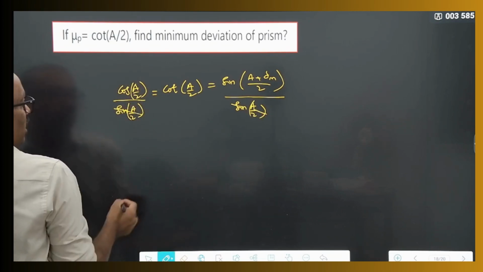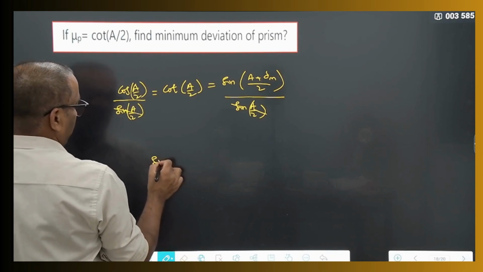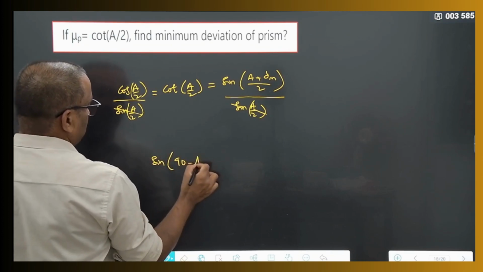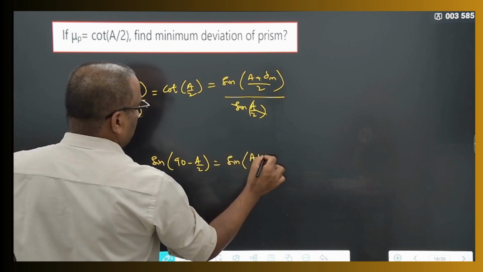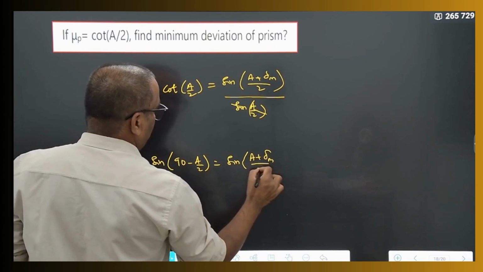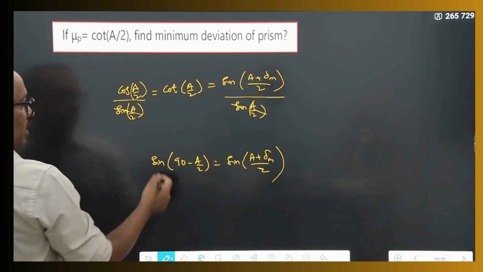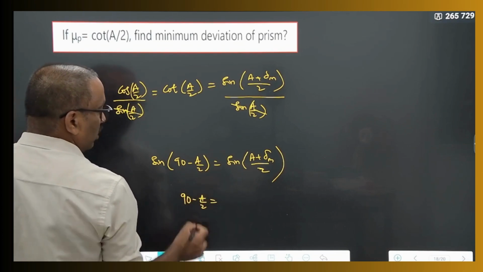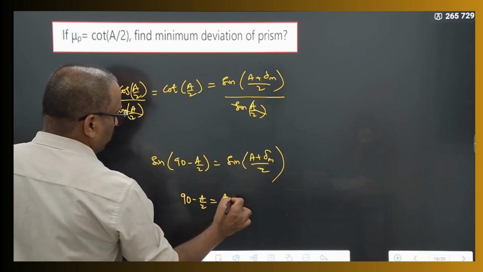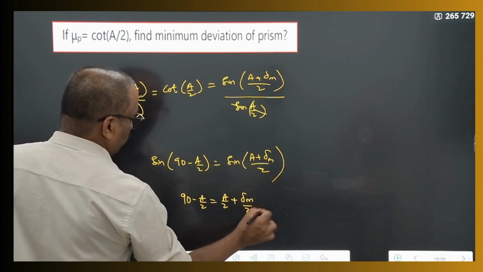So, this cos can be written as sine of 90 minus A by 2 equals sine of A plus delta m by 2. Clear? Therefore, you can rewrite it as 90 minus A by 2 is equal to A by 2 plus delta m by 2.